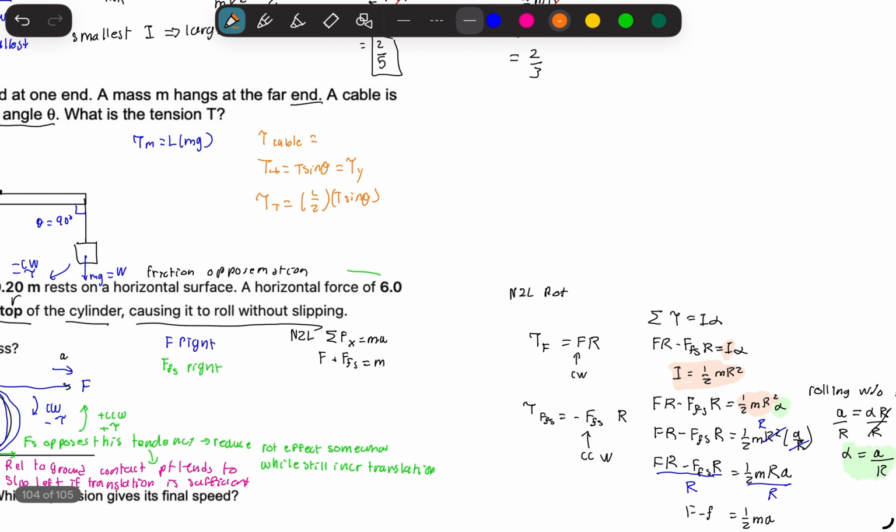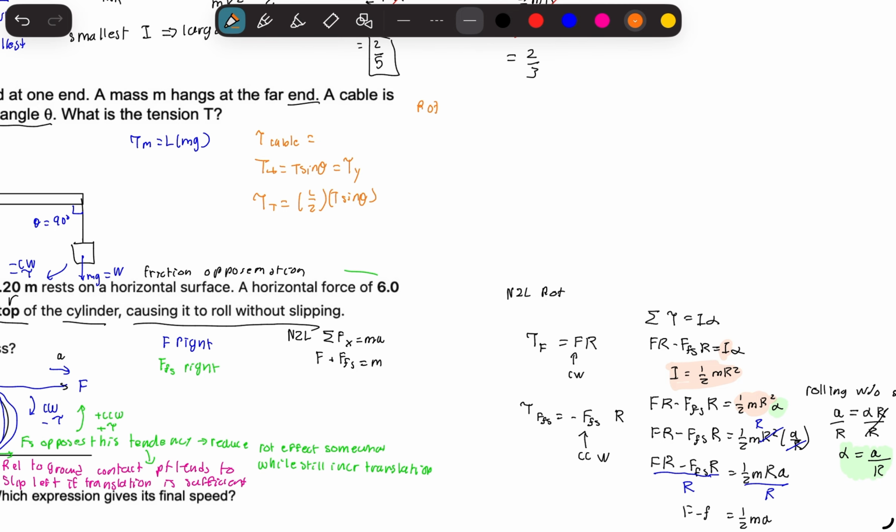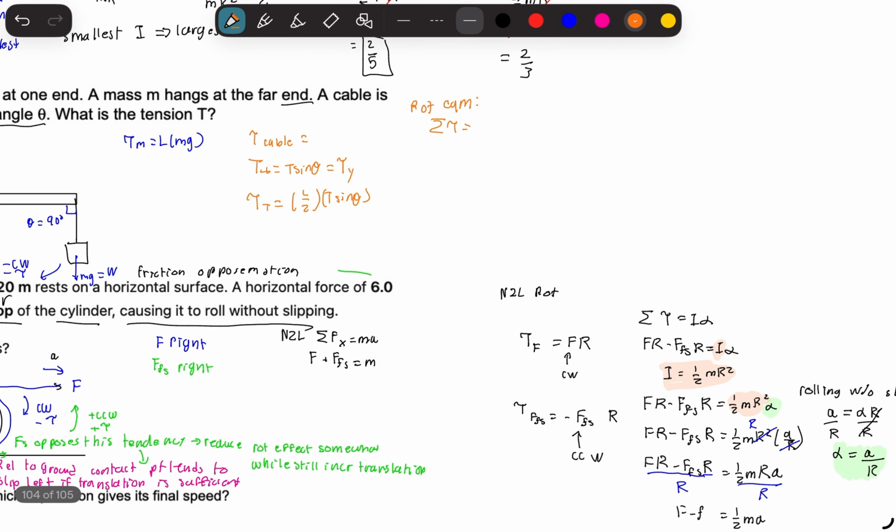You're also going to have rotational equilibrium here, which states that the summation of your torque is equal to 0. So your equation is going to be your summation of your torque is equal to 0.